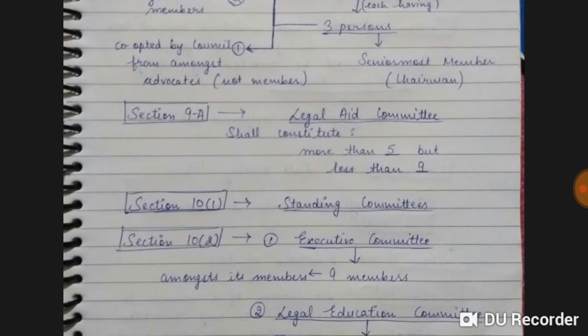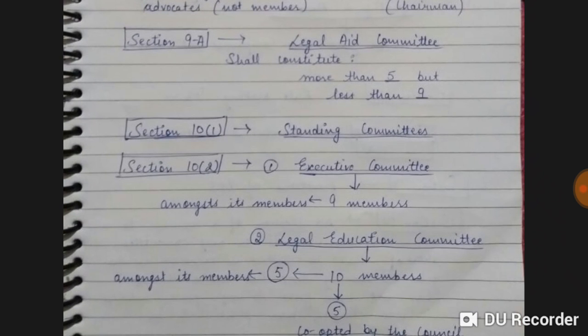Now section 9A tells about the appointment of legal aid committee, that shall constitute of more than 5 members but less than 9 members. Section 10(1) tells about appointment of standing committee. Section 10(2) tells about executive committee as well as legal education committee. So executive committee shall constitute of 9 members, and all those members will be amongst the members of Bar Council of India.